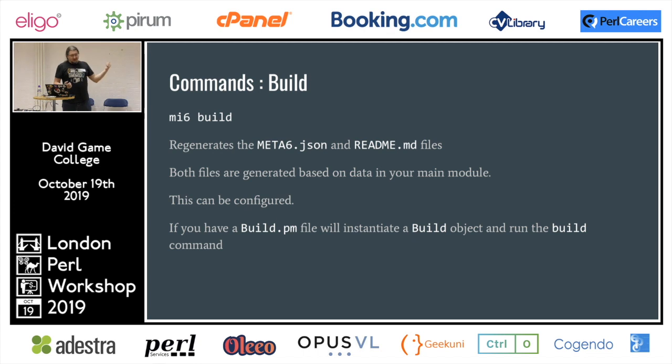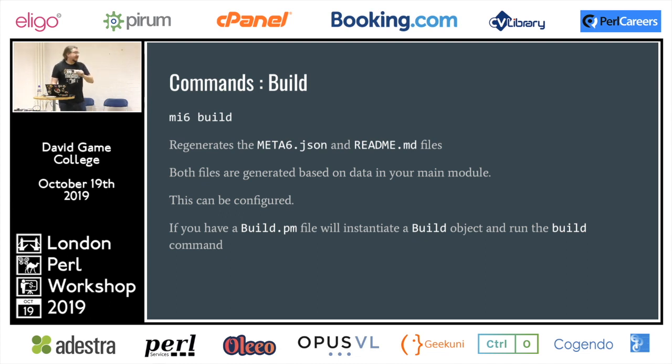It will also, if you have a build.pm, fire that up, create the build object, and run the build command on it. I've never used that, so I'm not sure exactly the use case for that. Like I say, I think the main case for that is if you're wanting to build like a C library or something and include it with your thing, then your build file can do that. So it gives you that ability to do the additional stuff. But yeah, I don't use build that often.